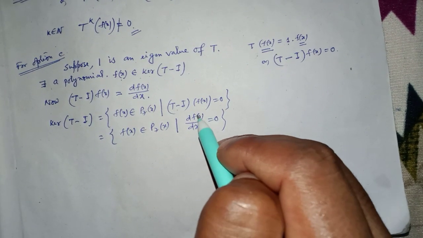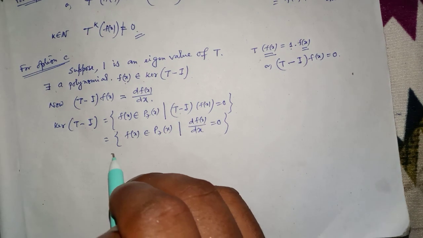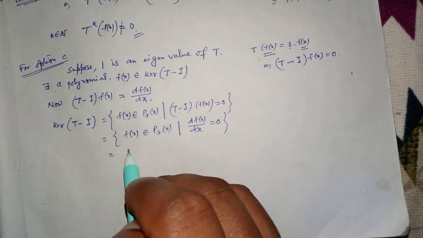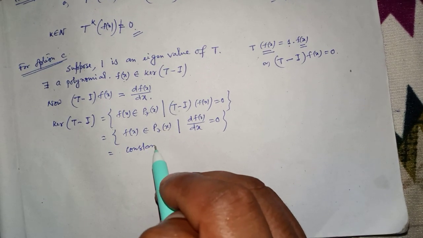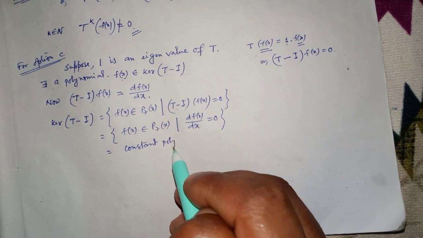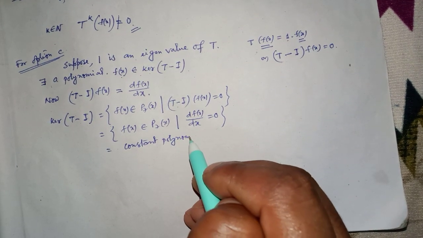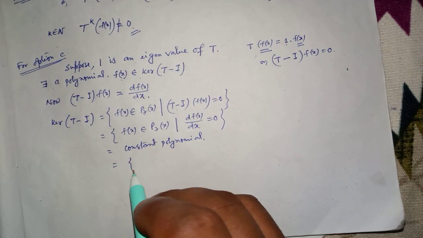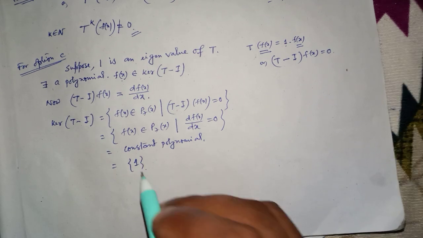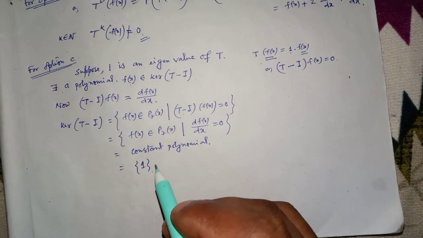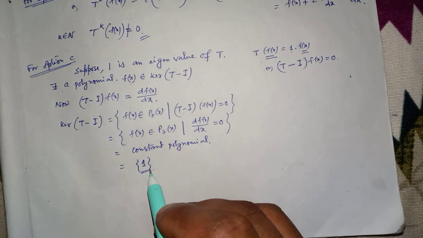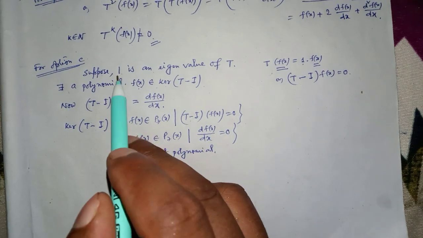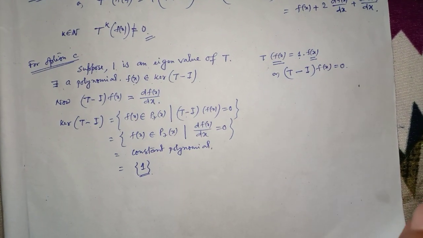Therefore, f(x) is a constant polynomial, for example 1. Therefore, we find an eigenvector corresponding to the eigenvalue 1. Therefore, 1 is an eigenvalue of T.